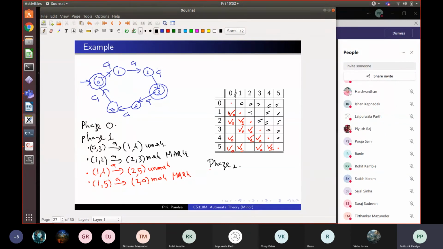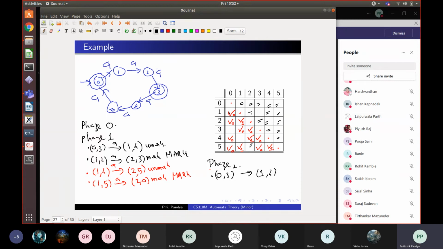In phase 2, I've got squares 1,3 and 0,3. What will happen to 0,3? 0,3 will go to 1,4, which is unmarked.